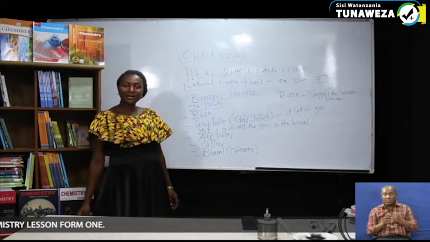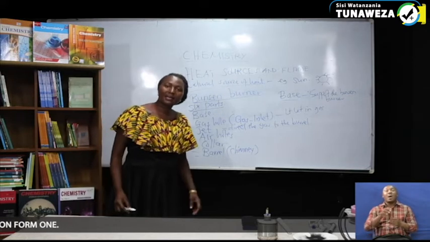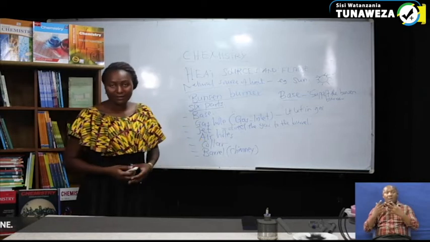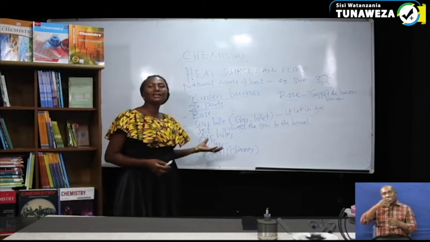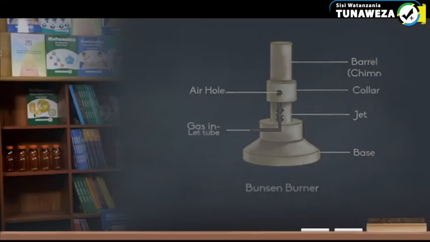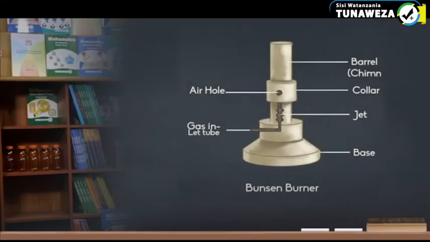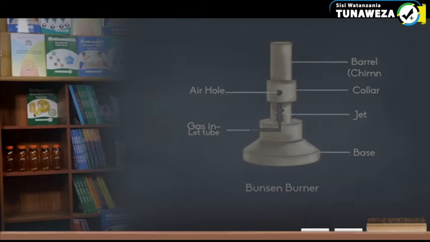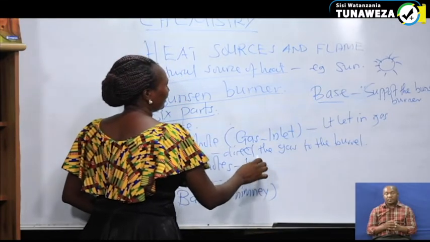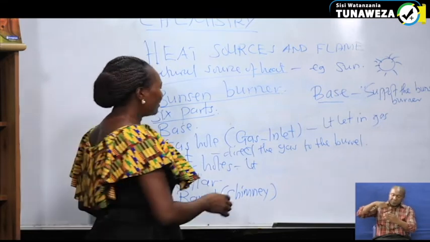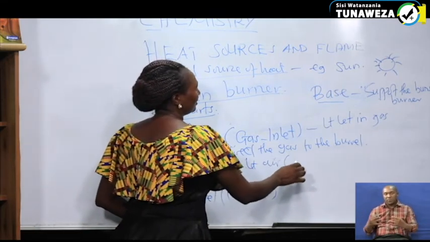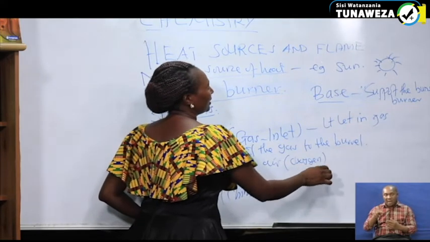Another part of the Bunsen burner is the air holes. Air holes normally allow air, which is oxygen, to enter the Bunsen burner so as to support burning.